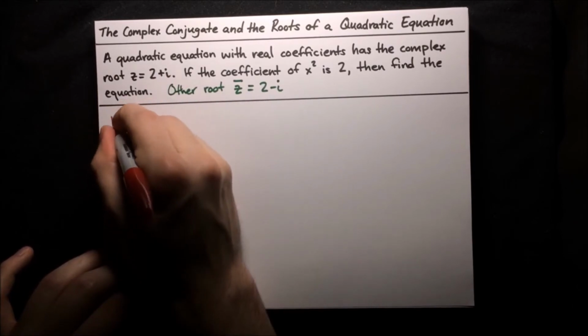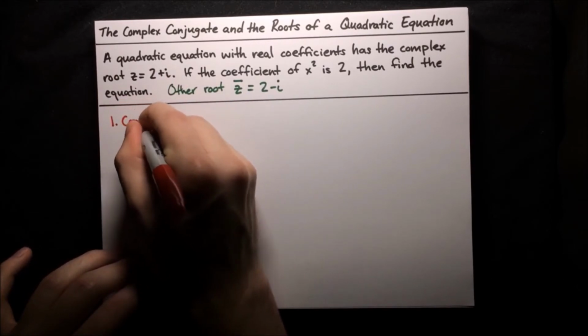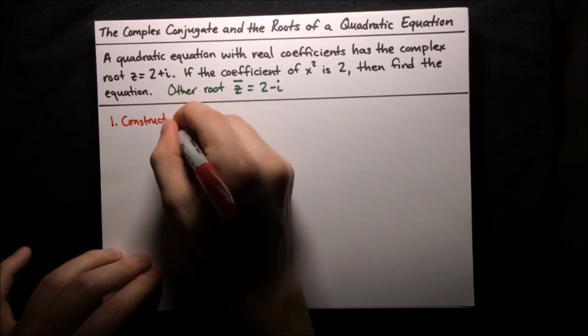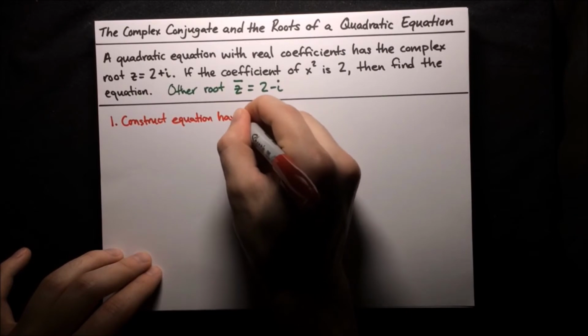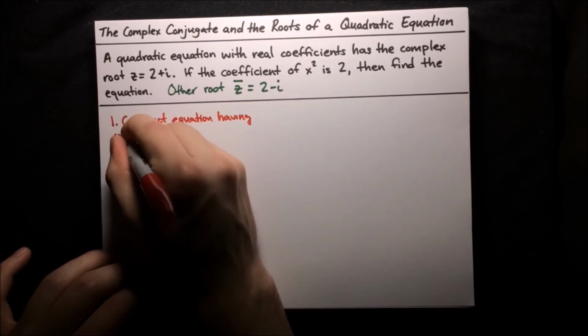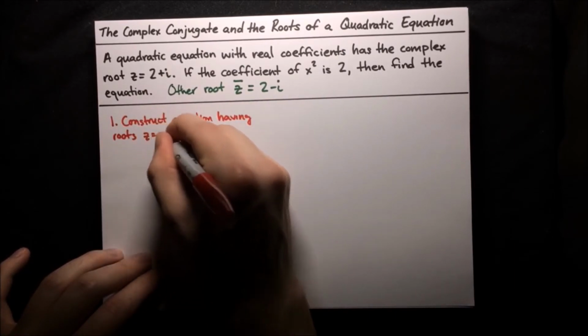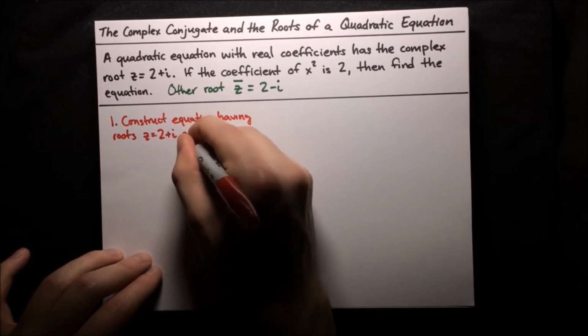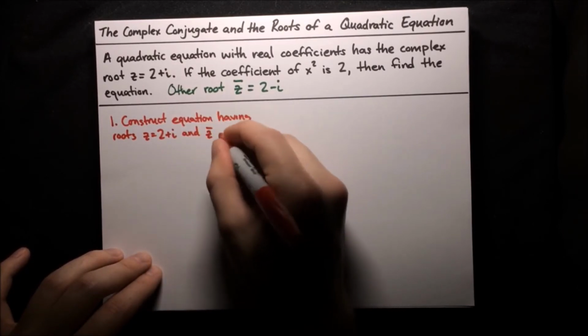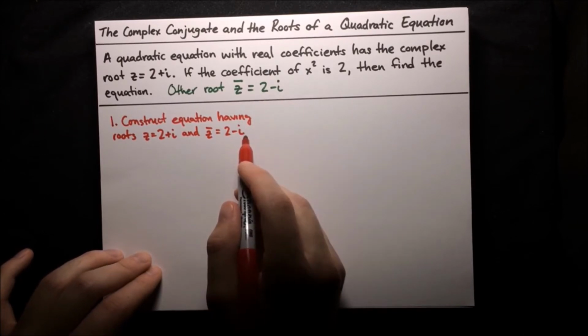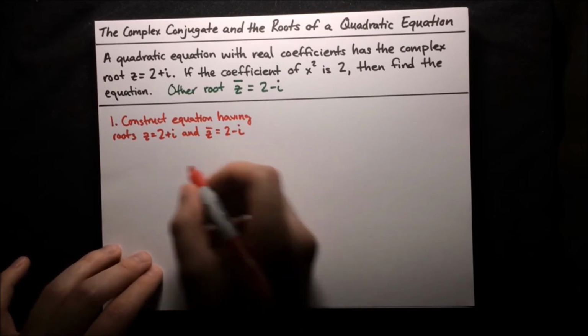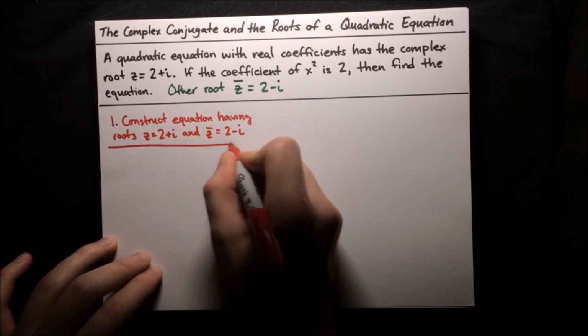So that'll be our first step: construct an equation having roots z, which is 2 plus i, and z bar, which is 2 minus i. And the most straightforward way to do that is just to go ahead and use these in factors of the equation. So let's go ahead and do that.